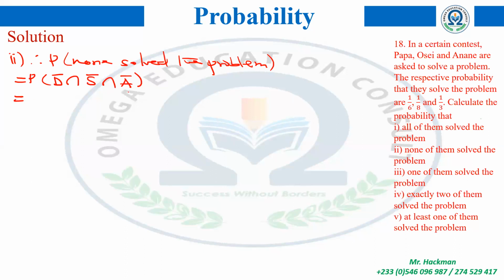So at this point, like I said, I'm going to skip that step here. So I have to do P of D bar, and we go back and get D bar. But fortunately, we can get it from here. This is P of D, 1/6. So D bar will give us 5/6. Is that okay? Then times P of S. P of S is 1/8, but we want P of S bar.